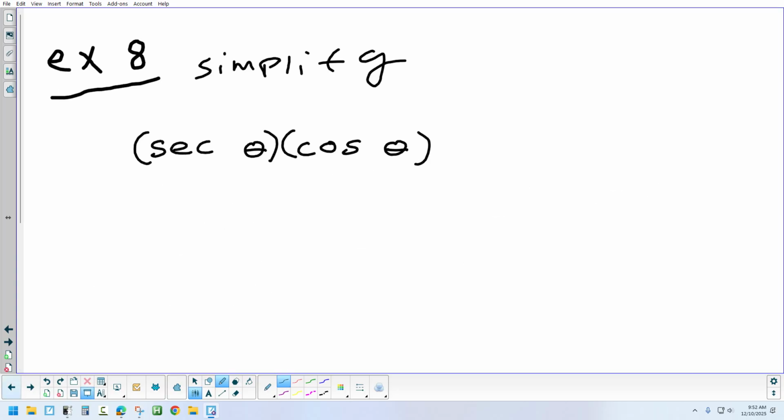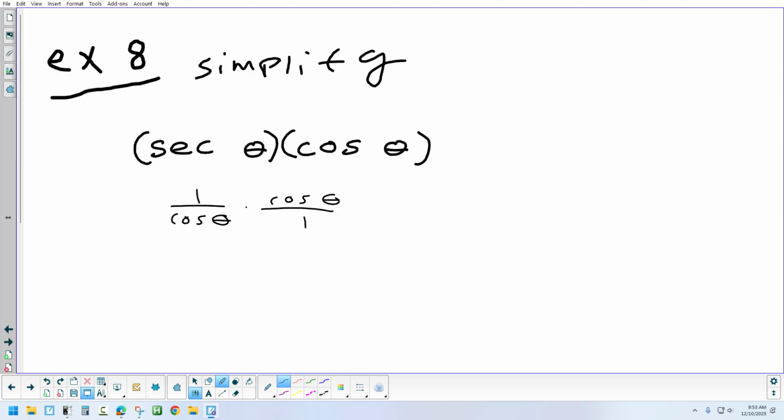All right, so let's try one more of those, and that'll be it. These are pretty quick. Identities can get very complicated, very complex. These are not. How can we rewrite secant? 1 over cosine. How would we rewrite cosine? We wouldn't. It already is cosine. What happens when you multiply those together?